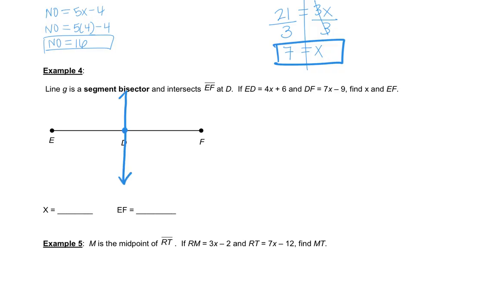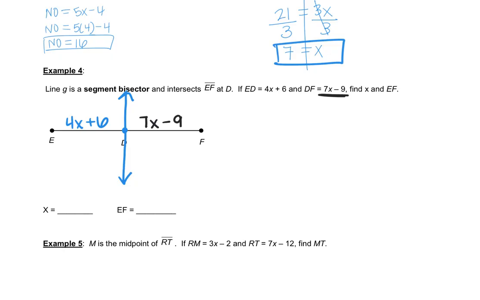It's going through D so that D can be a midpoint, okay? It says ED equals 4x plus 6. Then from D to F, it's going to be 7x minus 9.